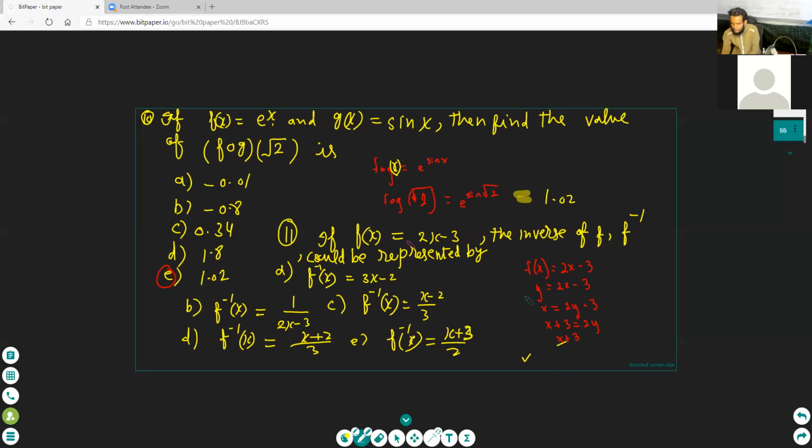Yes, right. Replace. Okay. You have replaced x by y and y by x. Okay, clear? Which option? Choose the correct option. In this method, we replace x and y, and the new y gives us the value of the inverse function. Okay, it is easy for you.